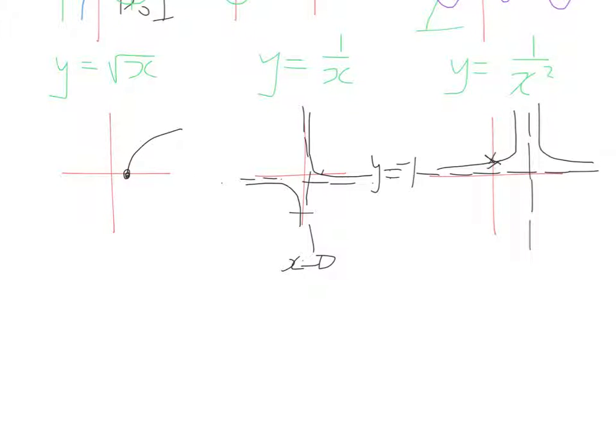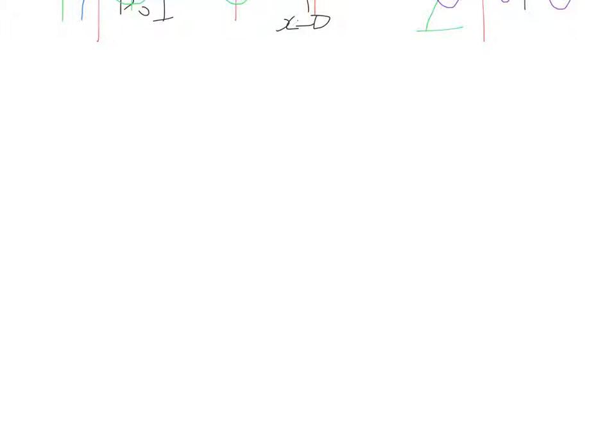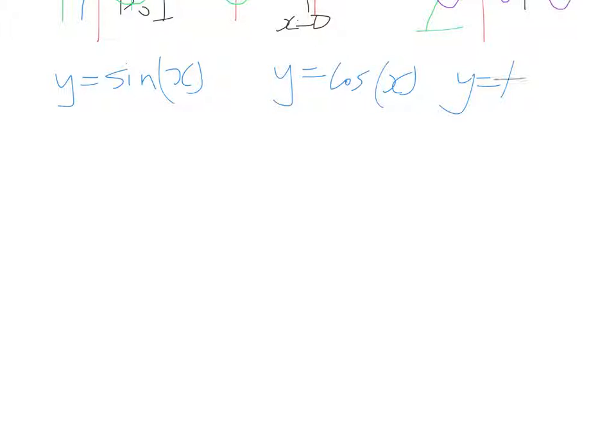So as well as that, then remember, we also have our sine and cos graphs. So we could have y equals sine of x, y equals cos of x, and I'll put in tan as well. Y equals tan of x.